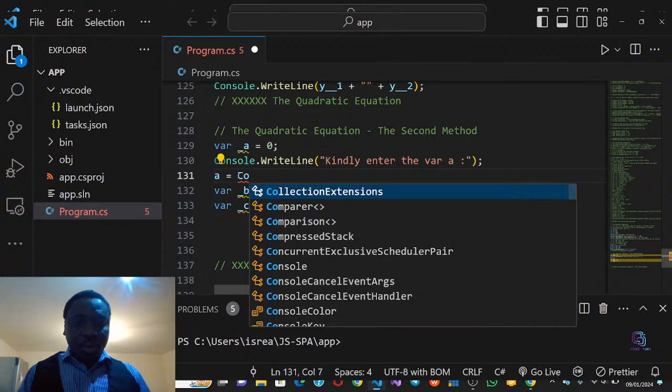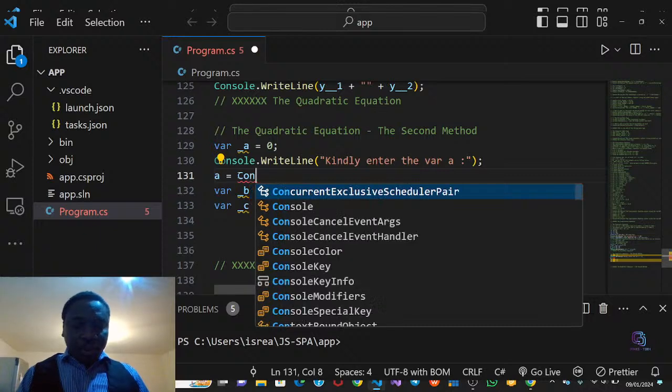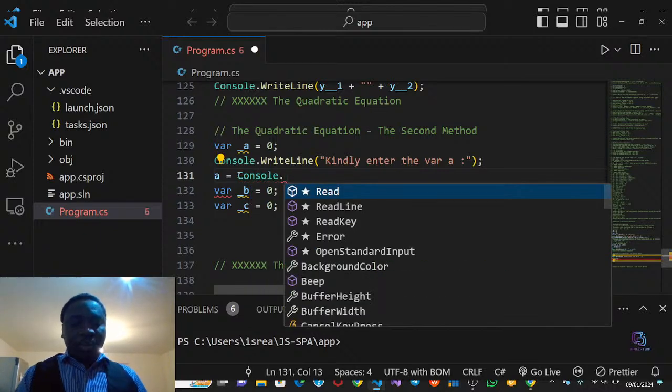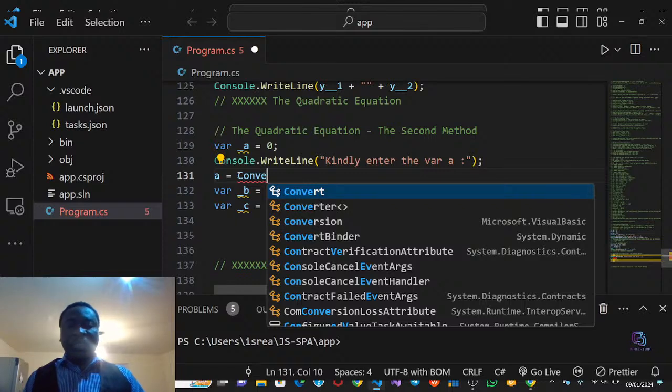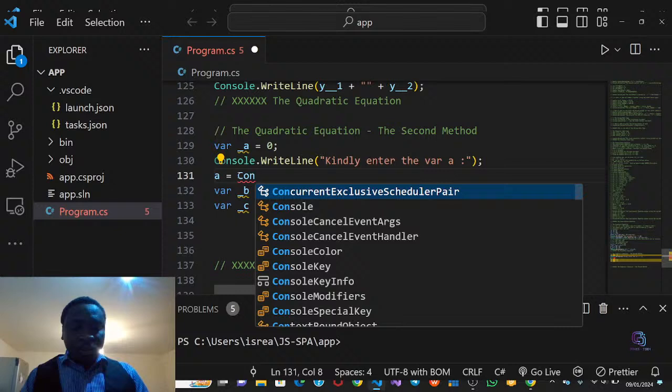Whatever you want to enter must be something that you'll be able to enter as, let's say, a decimal, or a string, sorry, a decimal, or a whole number. So we can say you want to convert it to whatever you want to convert it to.